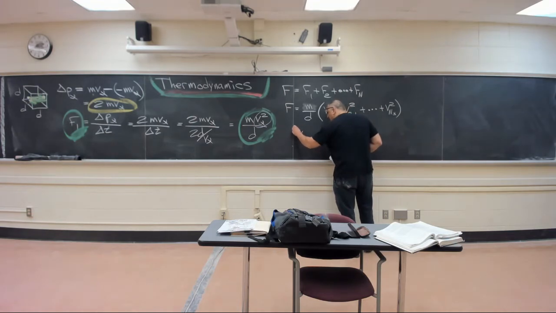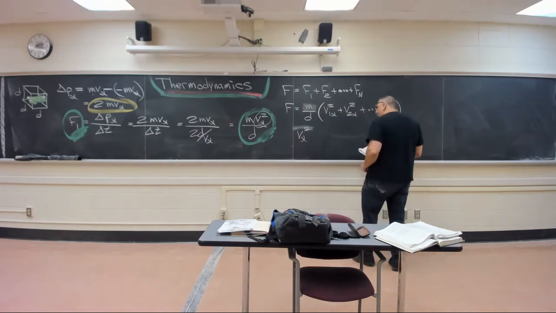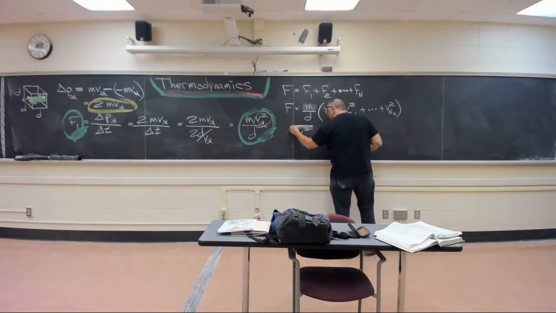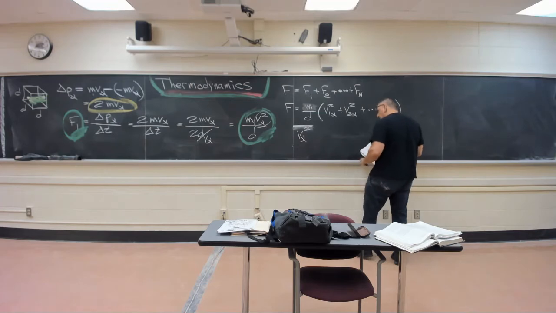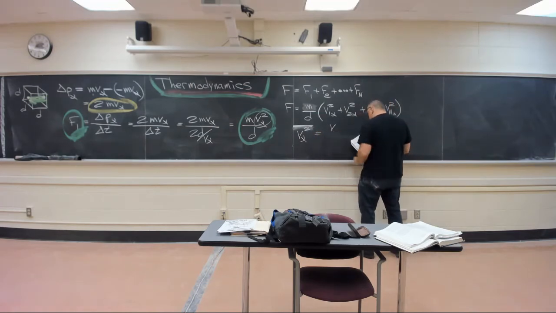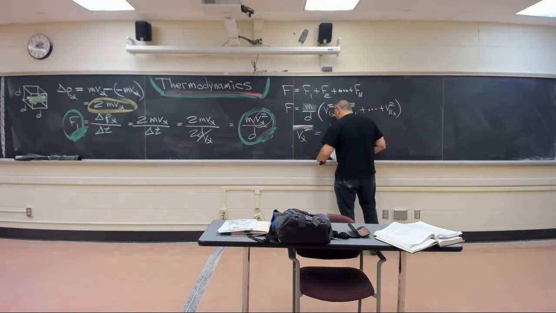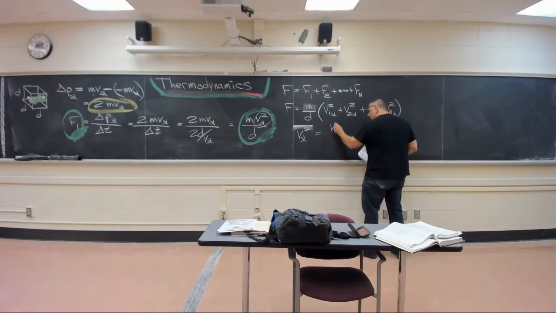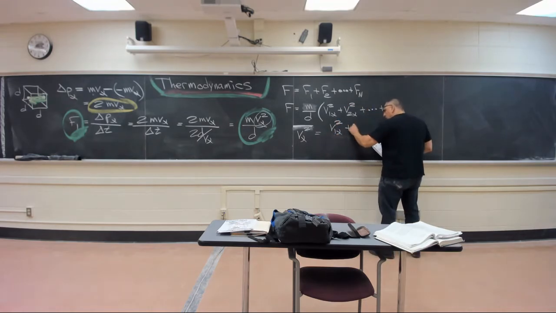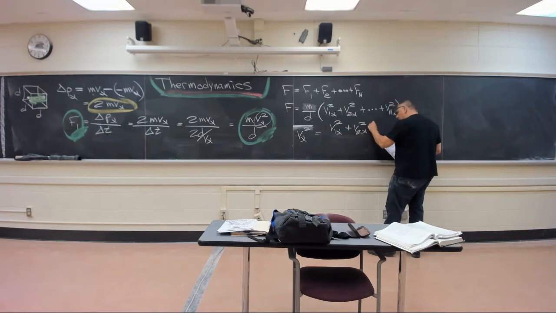If you put a bar on top of something, it's the average. I want the average of all the squares in the x direction. Yeah, average of the squares. I'm not saying find the average and then square it. I'm saying take the average of every square quantity. This guy, squared.